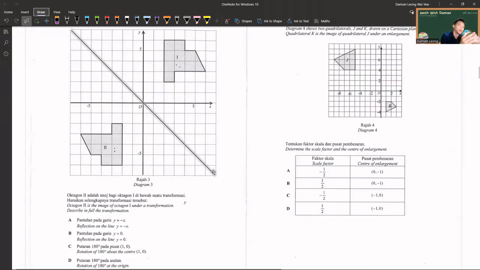You just tilt your head or turn the paper, turn the screen in the way that the 2 shapes are side by side. Okay, 2 bentuk ini di sebelah, di kiri dan kanan. Then we can see whether it's a reflection or not. But in this case, if we see in this way, we can see it doesn't reflect. Ini bukannya pantulan.